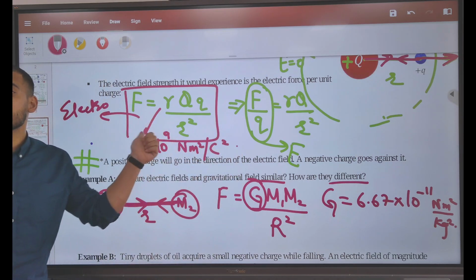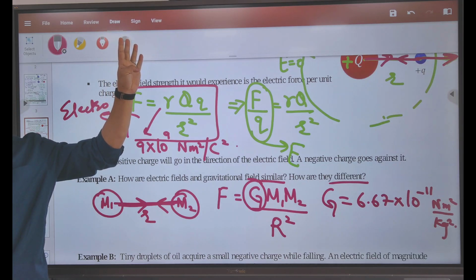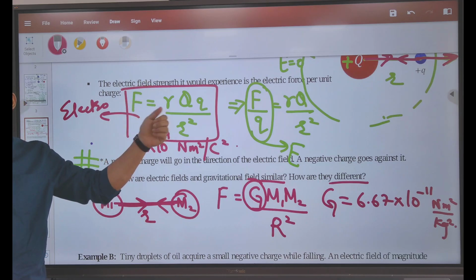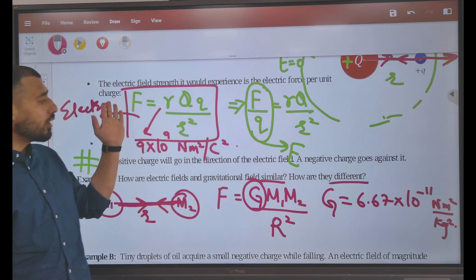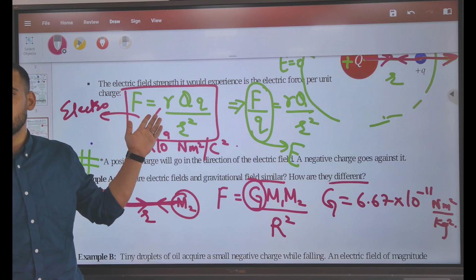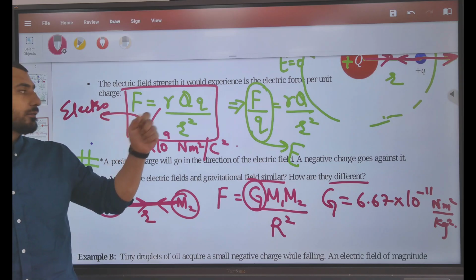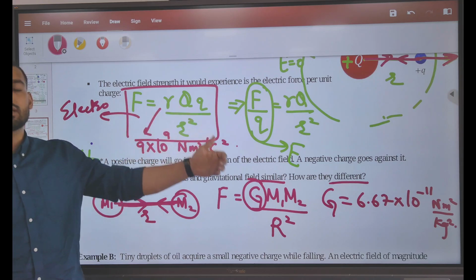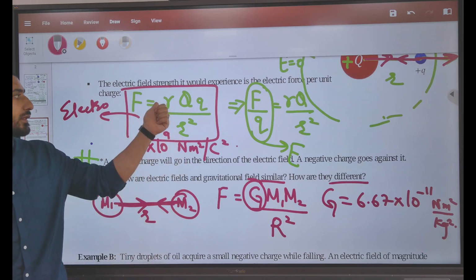So this is the reason I gave you the ratio of the 4 fundamental forces, remember? I told you electrostatic force is much stronger than gravity. Gravity is the weakest force. Electrostatic is stronger by 10 raised to 39. Is that fine? So, point number 1. The constants are different, due to which their magnitudes are different.